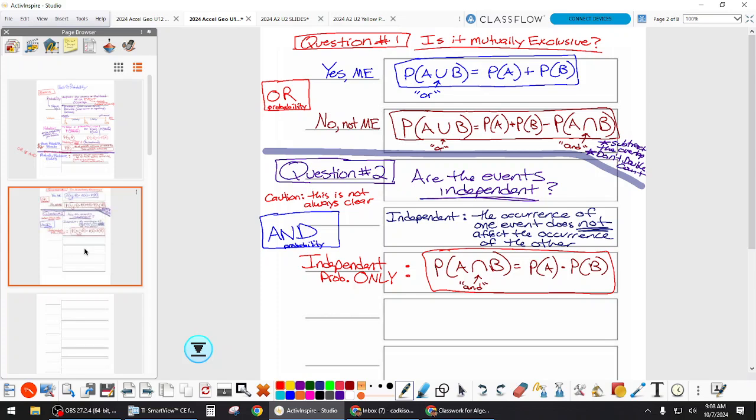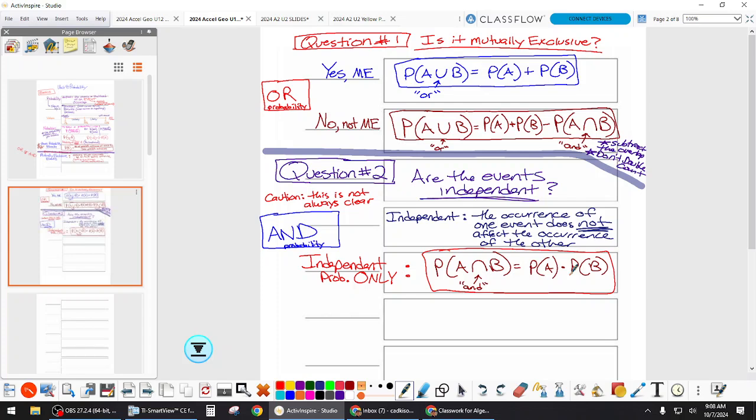Both of the or cases are addition. We have to subtract off the overlapping double-count part for non-mutually exclusive, but they're both addition, whereas and probability is multiplication. And that supports what you said about the probability increasing for or and decreasing for and.